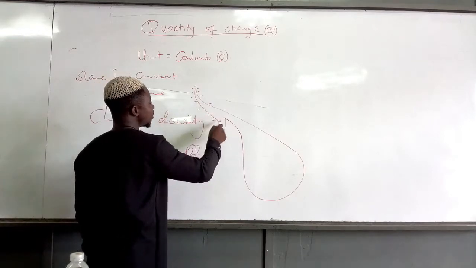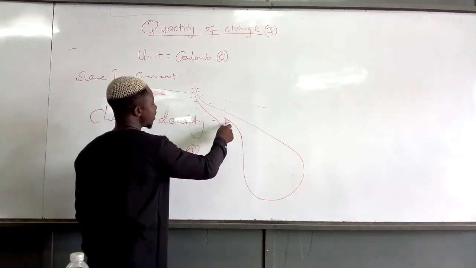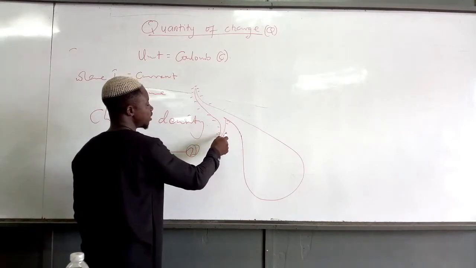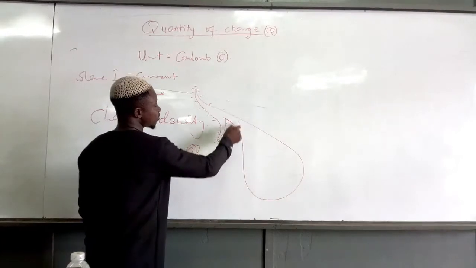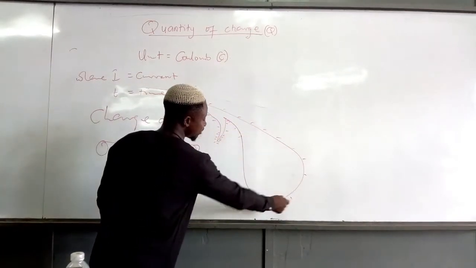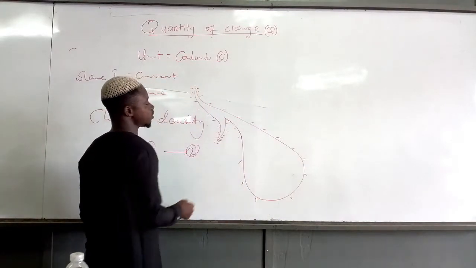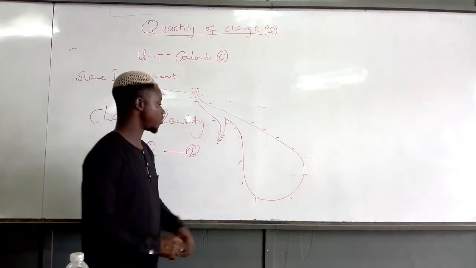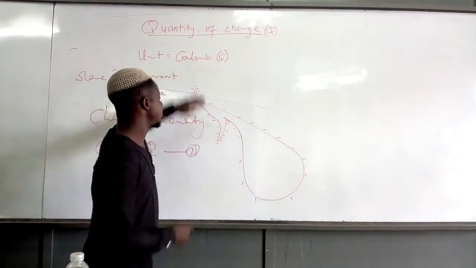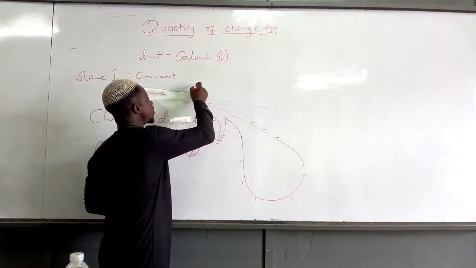Then, as we get to a place where the area is large, the charges are not so much crowded there. So when you compare the area here with the area here, you can see that there are so many charges here.